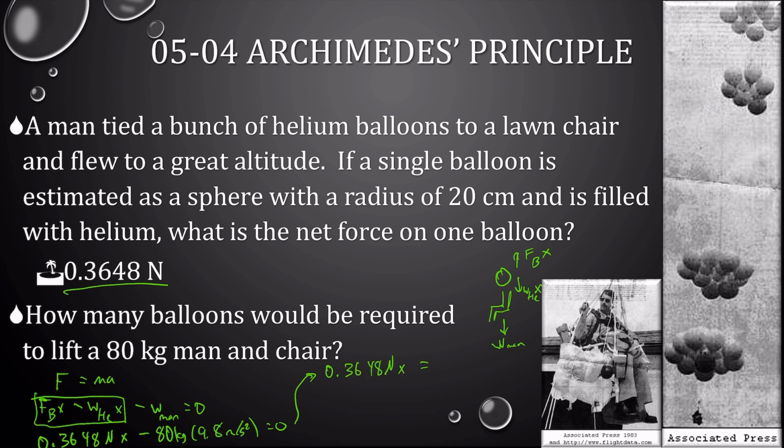Move the weight to the other side, which happens to be 784 newtons. And divide, and we get approximately 2150 balloons. That's a lot of balloons.